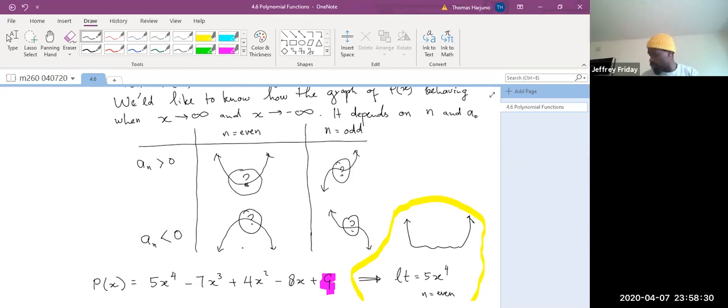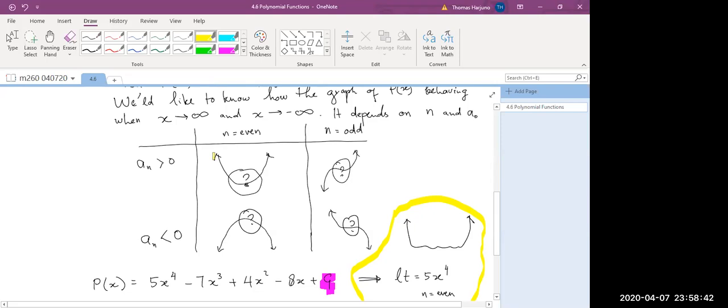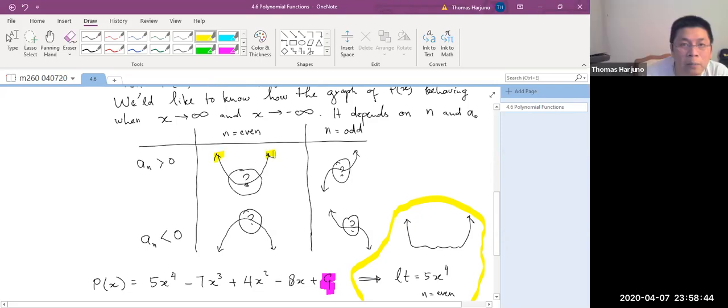Now, but how about the range? Notice that when n is even, if the degree is even, then both ends will have the same positive infinity or the same negative infinity. So what will happen is, if the degree is even, the range will not be all real numbers.